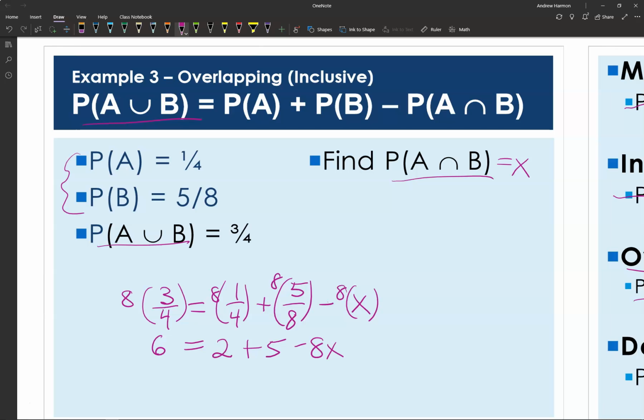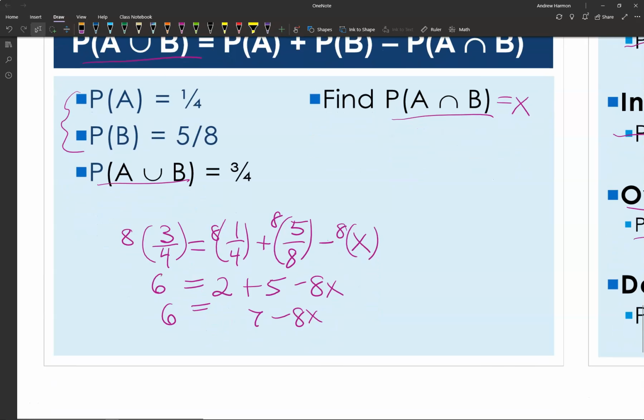So now we just solve for x. 5 plus 2 is 7, minus 8x. We can subtract 7 from both sides, so we get -1 is equal to -8x. And then we divide by -8. And we get that x is equal to 1/8.